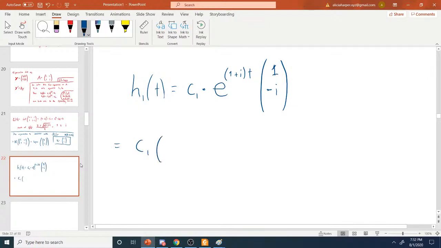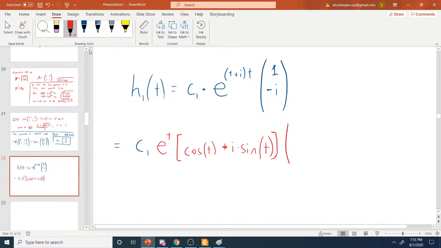And now I'm going to use Euler's formula, which tells me that this is the same thing as e to the t times cosine of t plus i times sine of t.